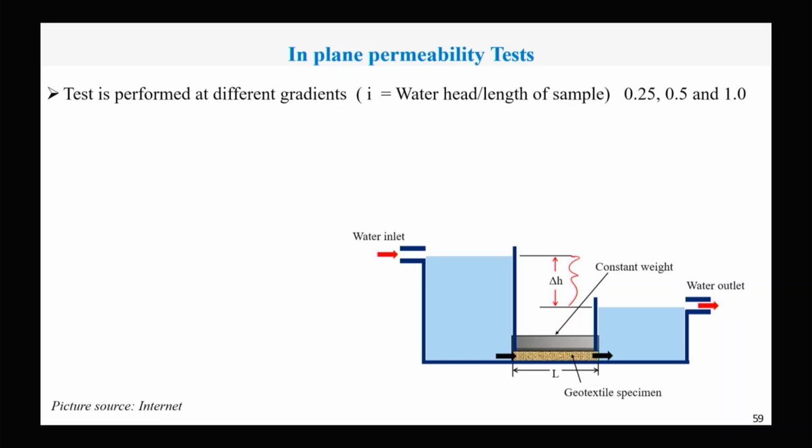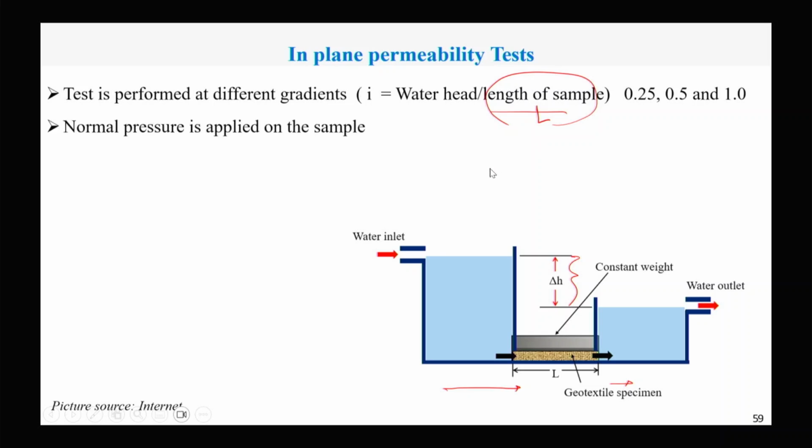In place of cross plane permeability, where we used the ratio of water head to thickness, here the water is flowing from one end to another end, so the travel distance is always in the denominator. So here it will be length L.